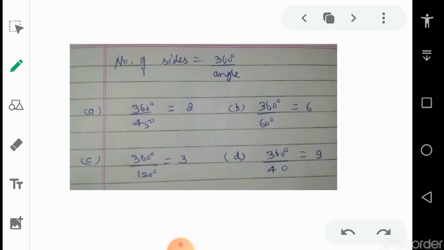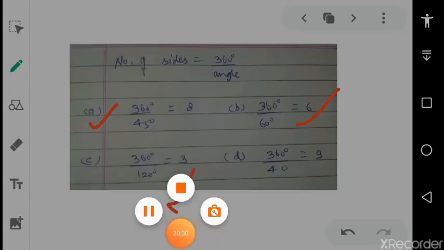It means for the first one the number of sides is 8, so it is an octagon. For the second one it is a hexagon. For the third one it is a triangle, as n is 3. And for D, the answer is 9, so it is a nonagon. In this way you will calculate the answers.